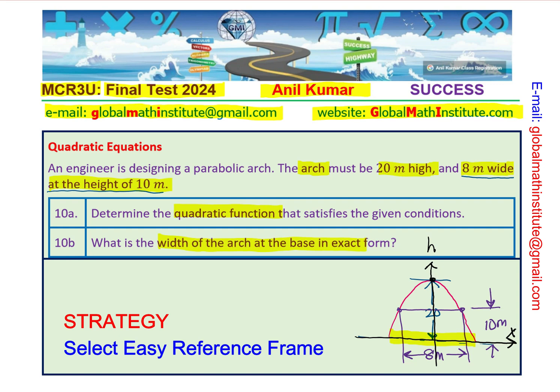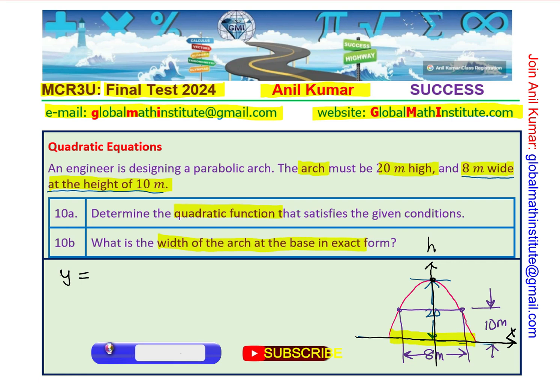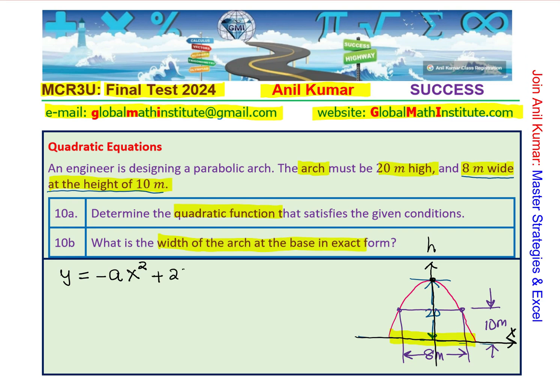Since we have the vertex parabola opening downwards, which is 20 meters above, we can write the function as y equals to minus, we don't know the value of a, but we know that it is ax squared, but the maximum is 20, so it is plus 20. So this is the best equation to begin with.